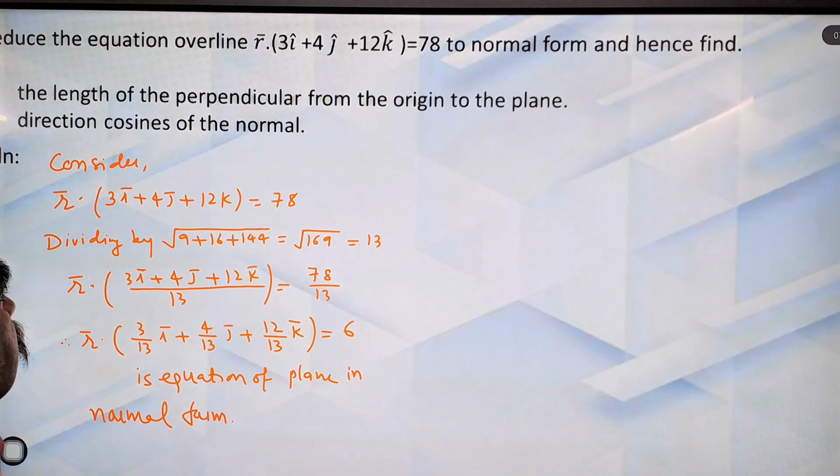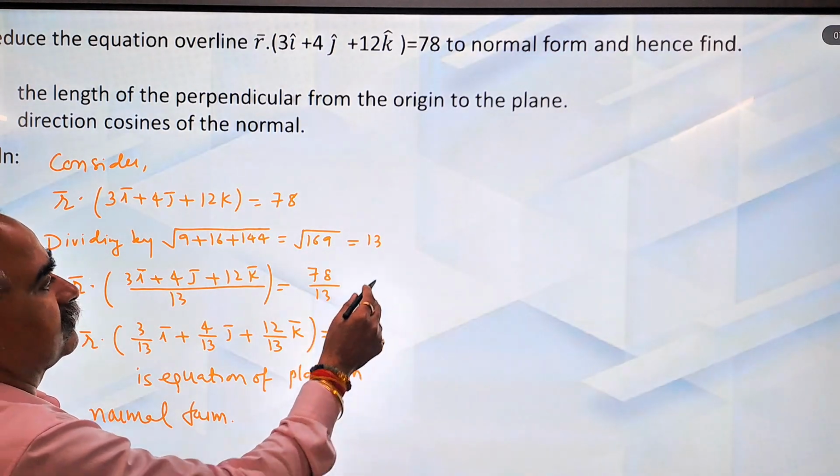We want length of perpendicular. So this is length of perpendicular.